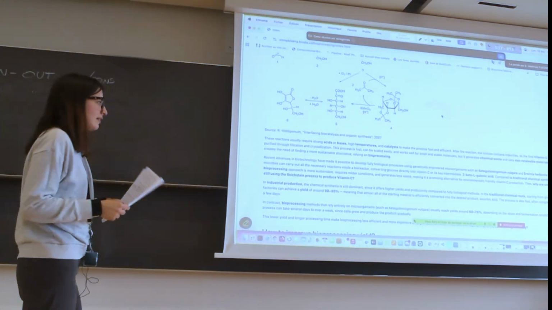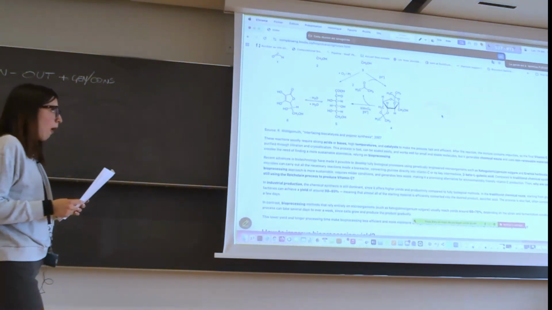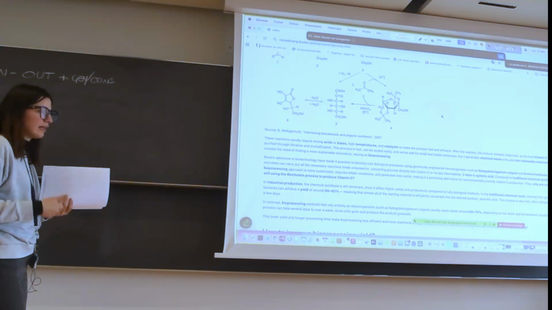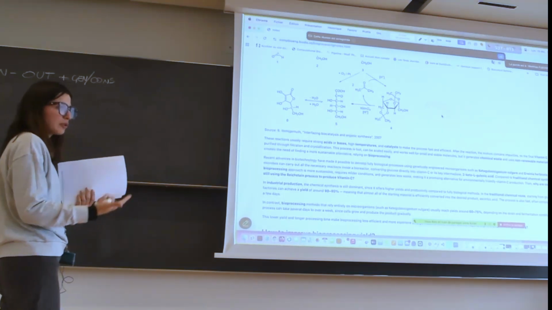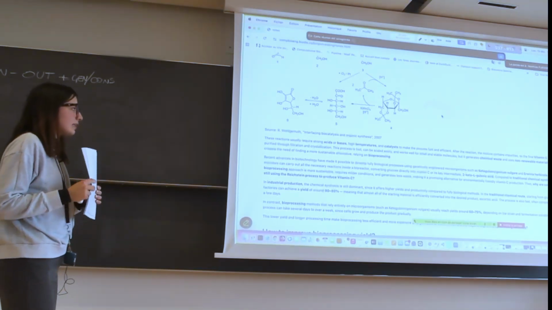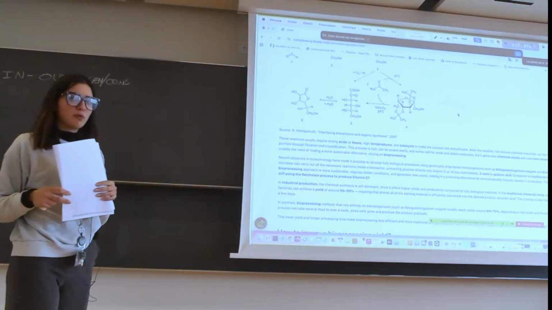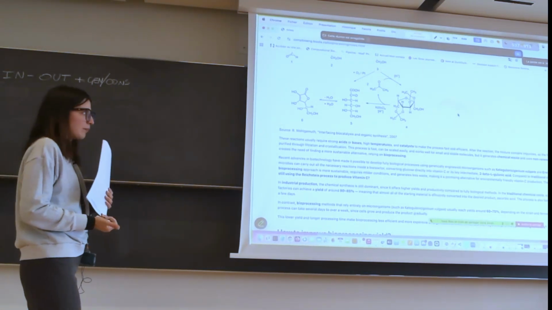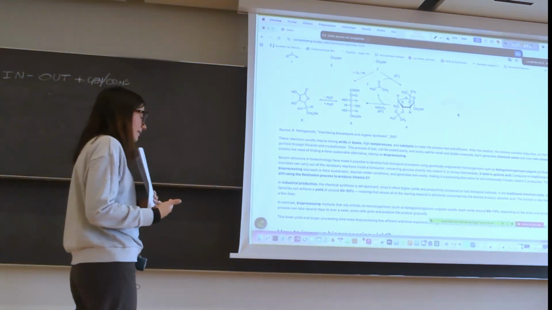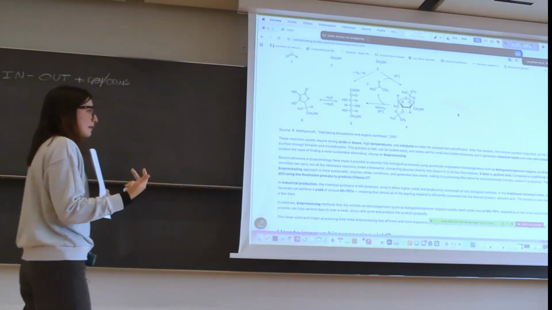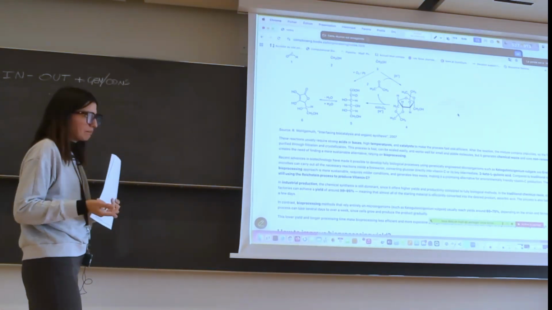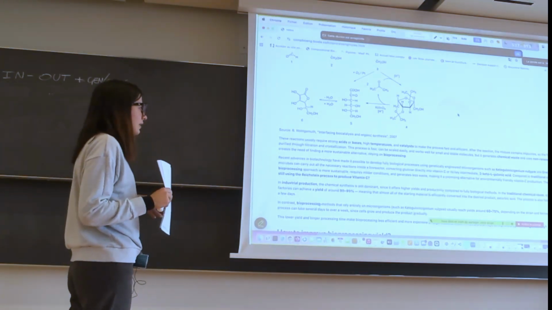But this kind of process is not so good for the environment and for the workers, because it relies on the use of strong bases and strong acids. It needs high temperature, so it is costly, and so.